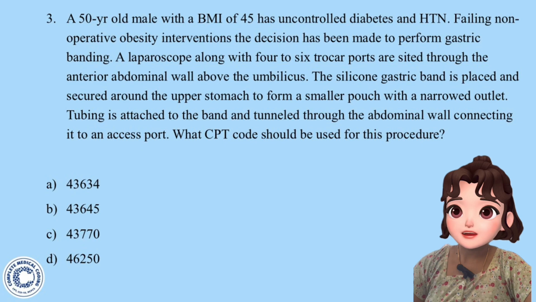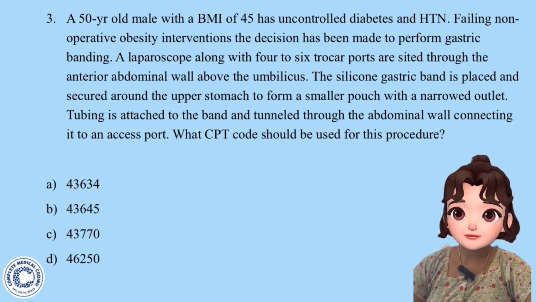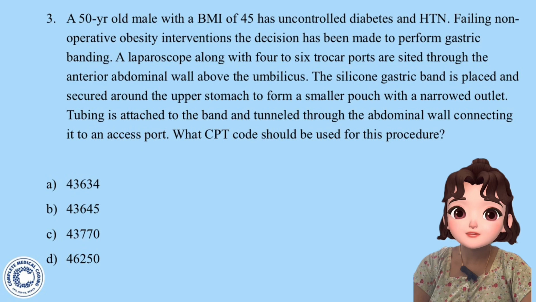A laparoscope along with 4 to 6 trocar ports are sited through the anterior abdominal wall above the umbilicus. The silicone gastric band is placed and secured around the upper stomach to form a smaller pouch with a narrowed outlet. Tubing is attached to the band and tunneled through the abdominal wall, connecting it to an access port. What CPT code should be used for this procedure?